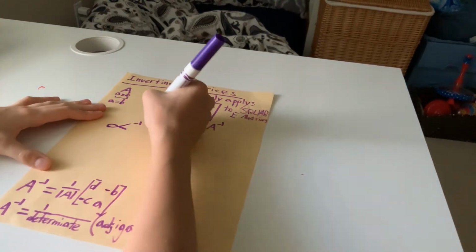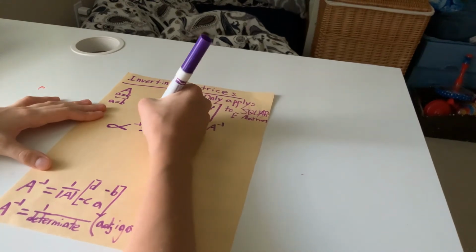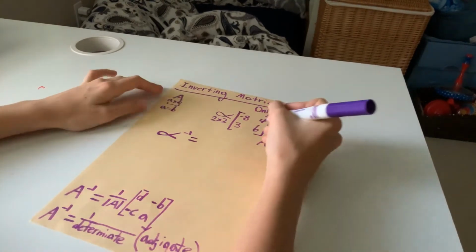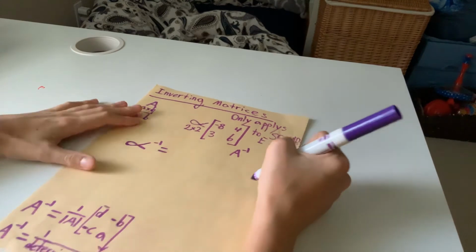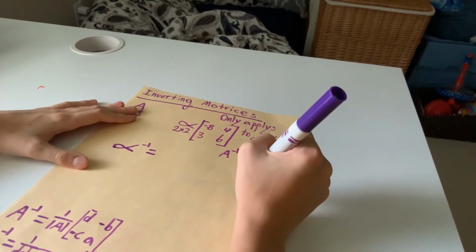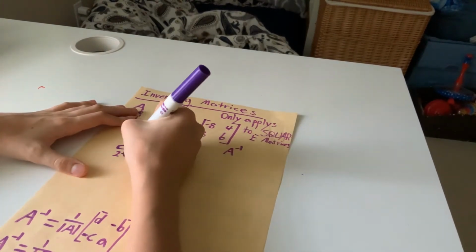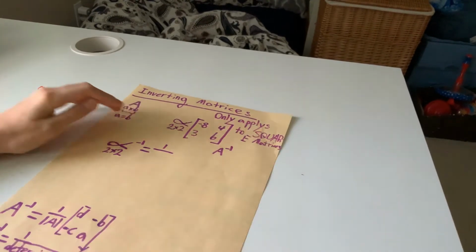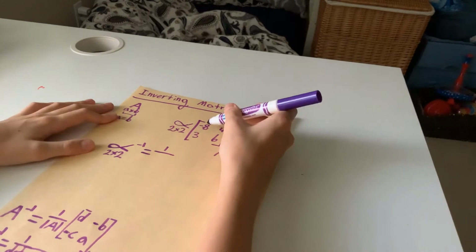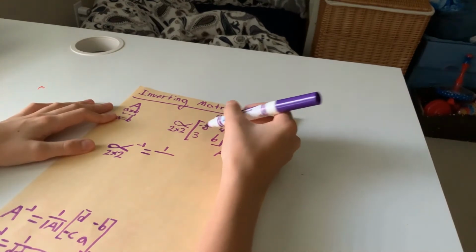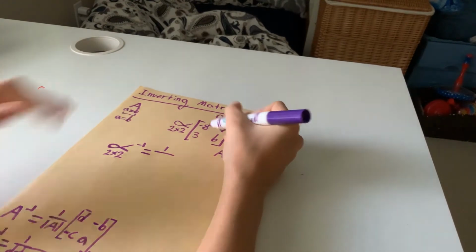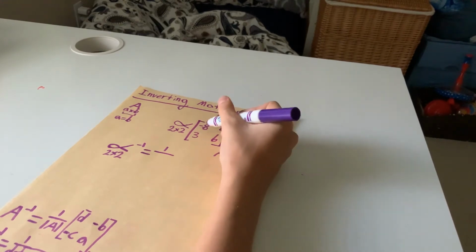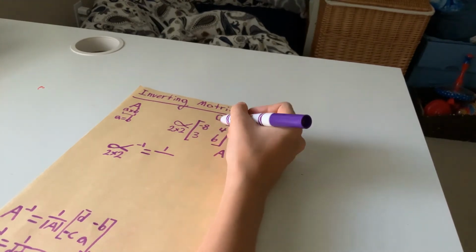So let's take the inverse of this. The inverse of our matrix alpha, this 2 by 2 matrix, will be 1 over the determinant. The determinant is just multiplying these two terms minus the product of these two terms.